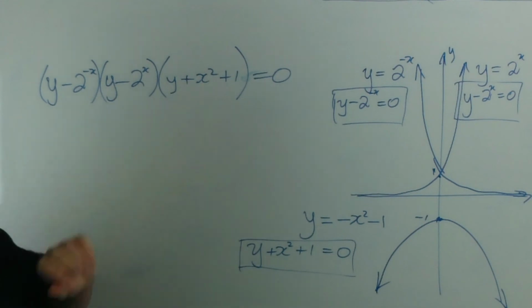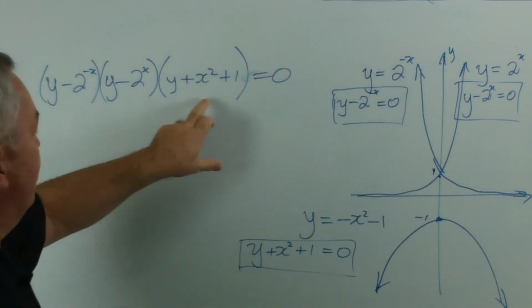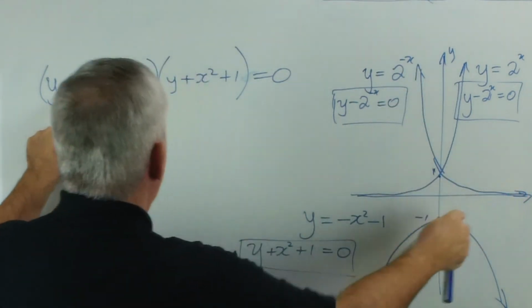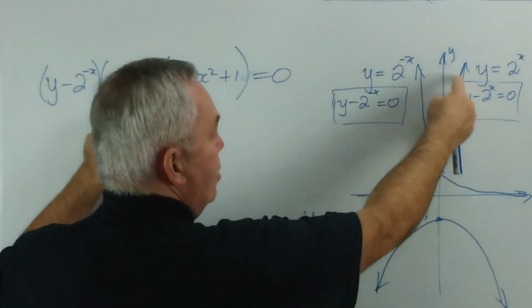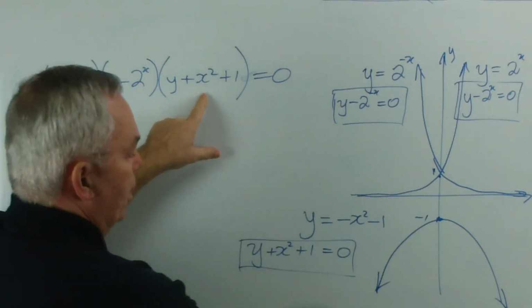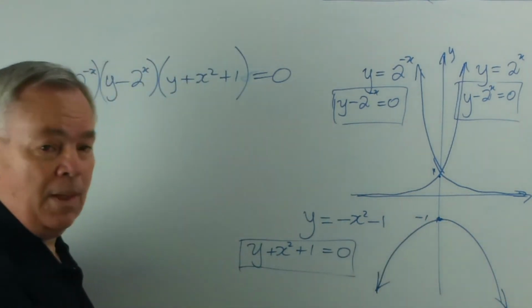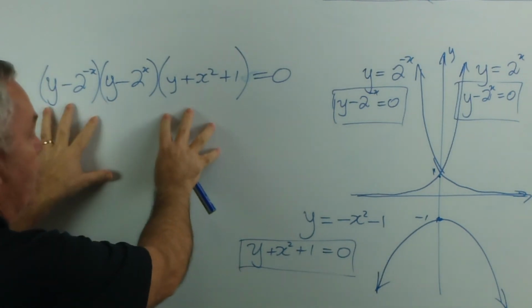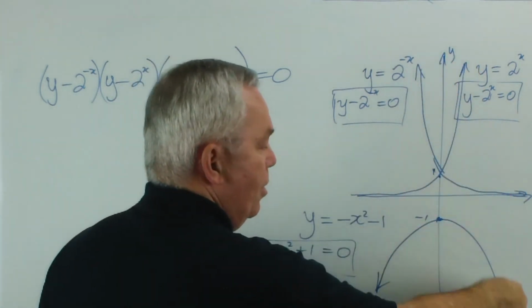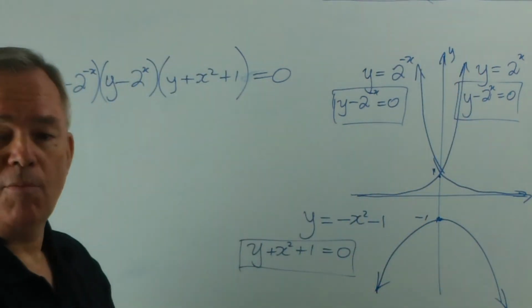We have three terms this time, three factors multiplying to make 0. This first one gives us this curve. The second one, this equation, gives us this curve. And the third one, which is this equation, gives us this curve. So this complete equation, with x's and y's all mixed together, will actually give us those three curves on the one piece of graph paper.